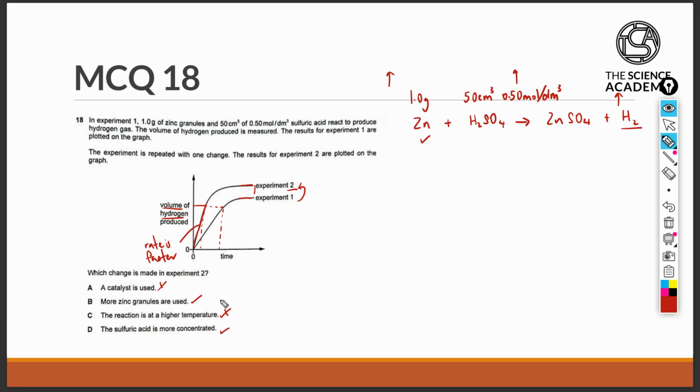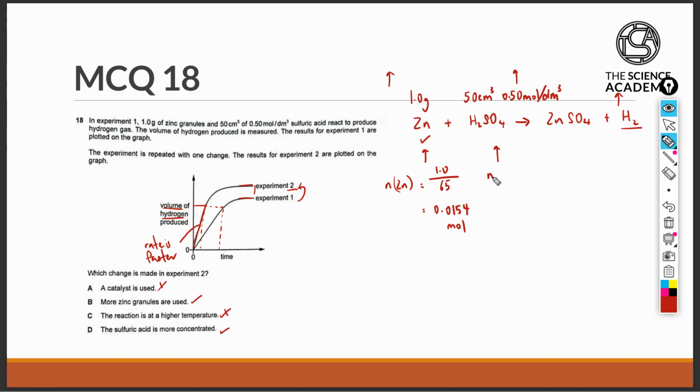So to decide between options B and D, we need to find out which one of the reactants, zinc or sulfuric acid, is the limiting reagent. We need to do so by comparing the number of moles of each reactant. The number of moles of zinc is the mass over the atomic mass of zinc, which is 65, giving us about 0.0154 mole.